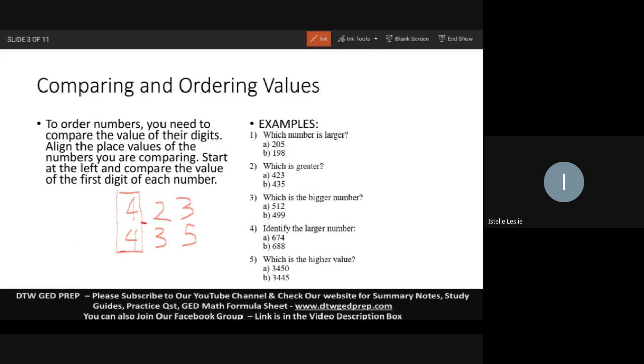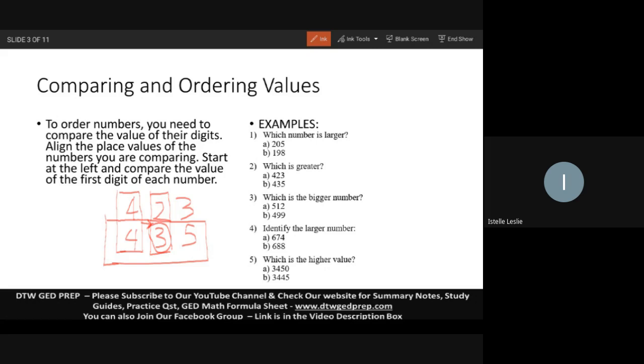So we move to the next place value. On the next place value, we also compare both of them. Which is bigger? Because the question is asking for which of the numbers is larger. So when you look at this, we have 2 and 3. Of course, 3 is bigger than 2. So what does that tell us? The one below is the bigger number. So we have that to be 435.